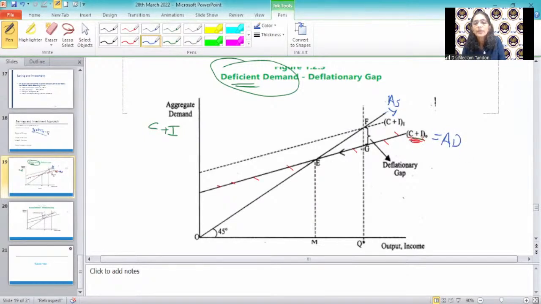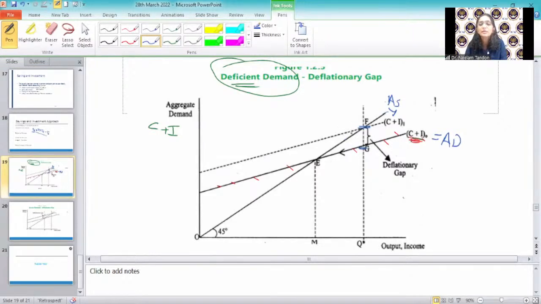So aggregate demand is at G and aggregate supply is at F. That means this FG is what? This much is the deficit demand, isn't it? Because aggregate demand is at G and aggregate supply is at F. This means this is deficit demand.